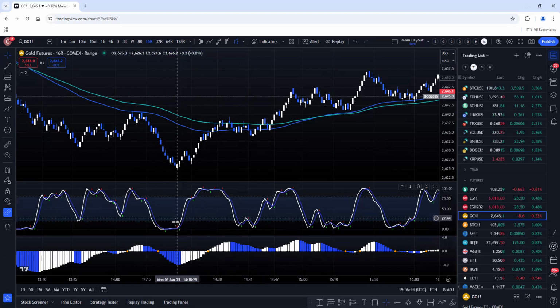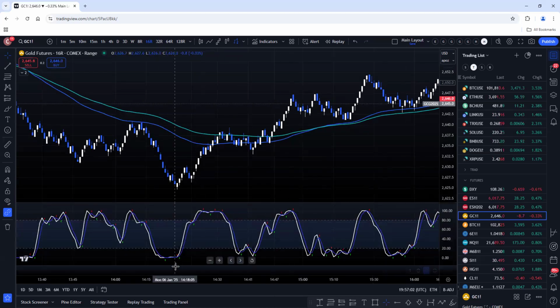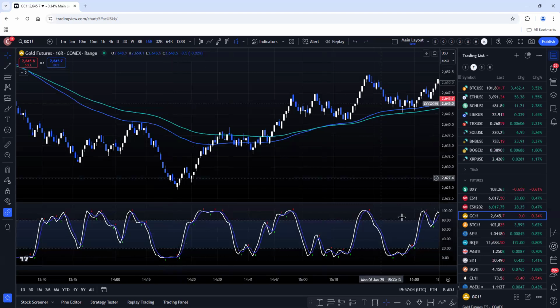So my first criteria for a low is that we're in oversold and then we get a cross back, a positive cross in the stochastic RSI. Here, this first green arrow on my indicator represents that first cross.